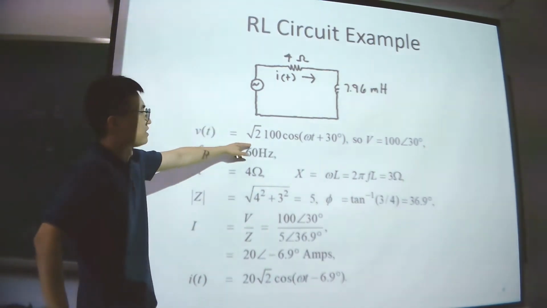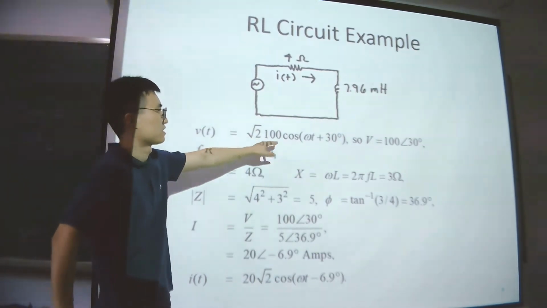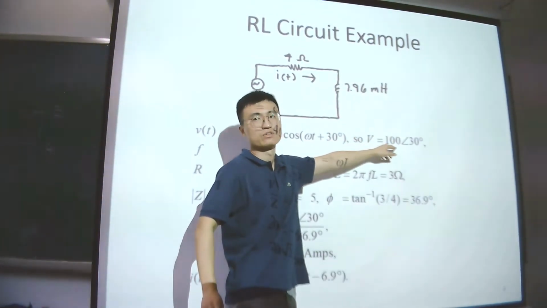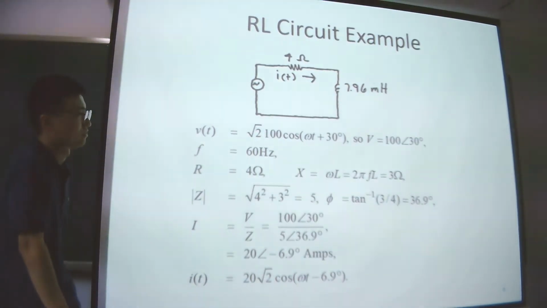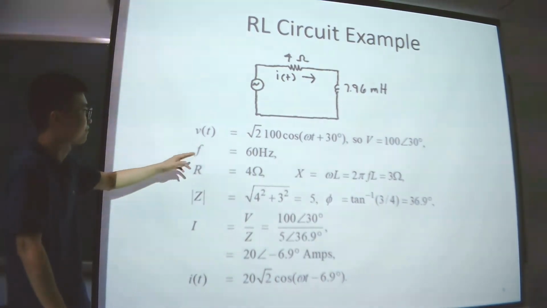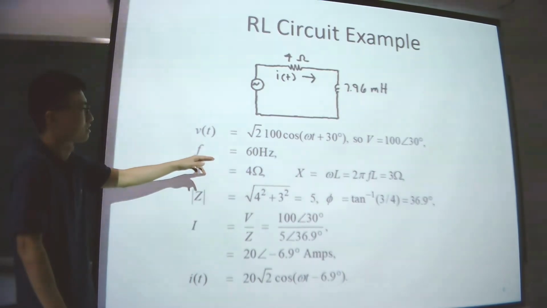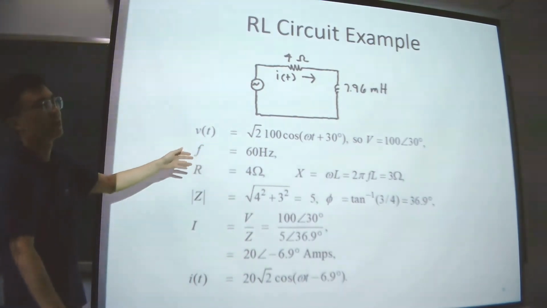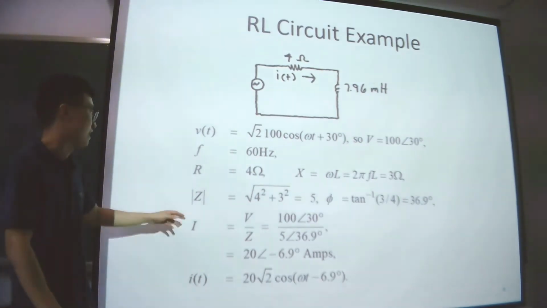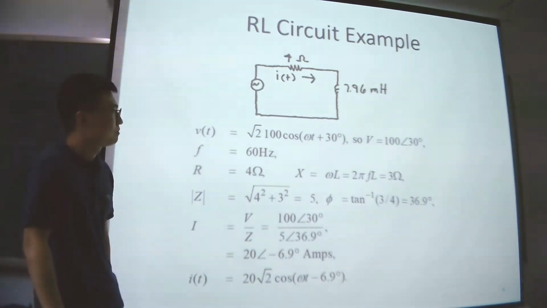So you can just write it down in the angular form, or in the phasor domain. And the frequency is 60 hertz. This is the American system. And the resistor is 4 ohm.